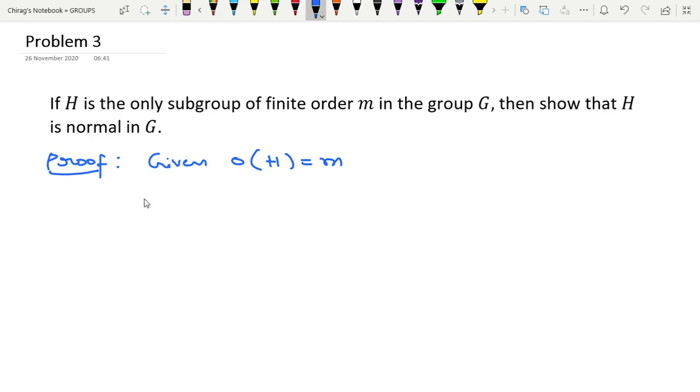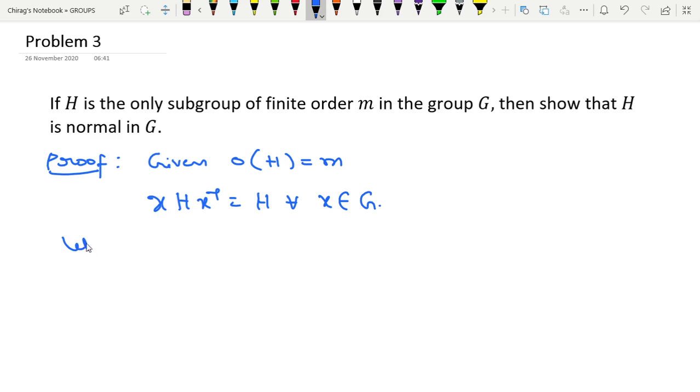Now we show that xHx⁻¹ is equal to H for all x belonging to G. So this implies H is normal in G.